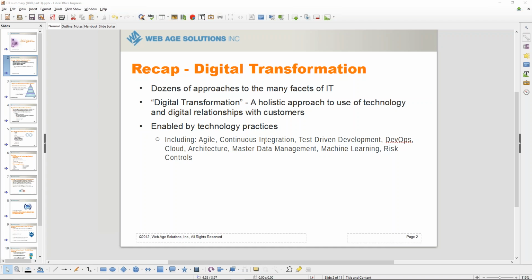A lot of the time, other components of this include cloud transformation, doing more of our work in cloud environments.